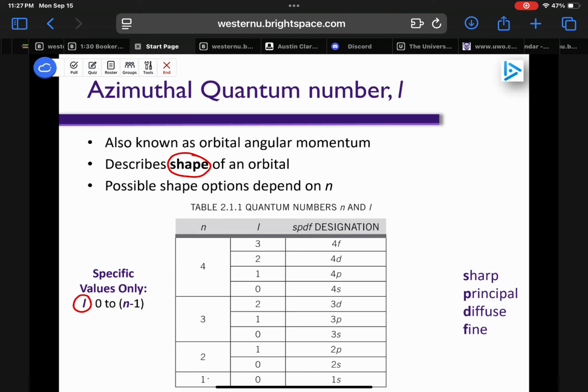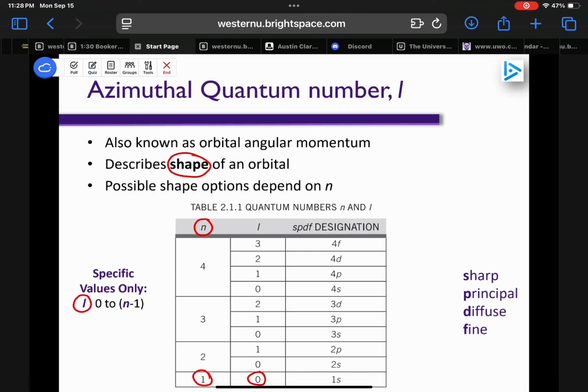So let's start at the bottom of this table. If n equals 1, what are the options for L, that second quantum number? It can go from 0, so 0 is an option, all the way up to n minus 1. 1 minus 1 is 0. So L could be just 0 if n equals 1.